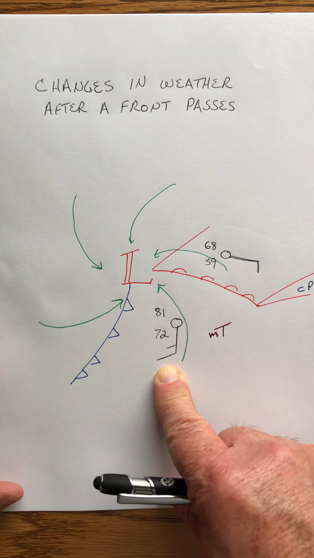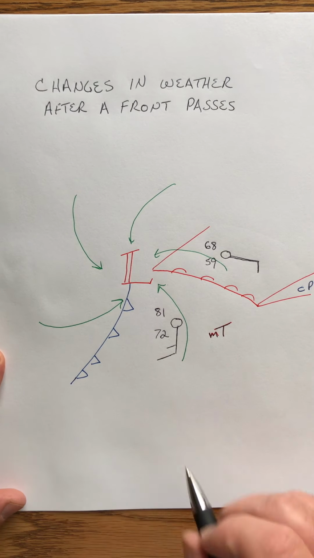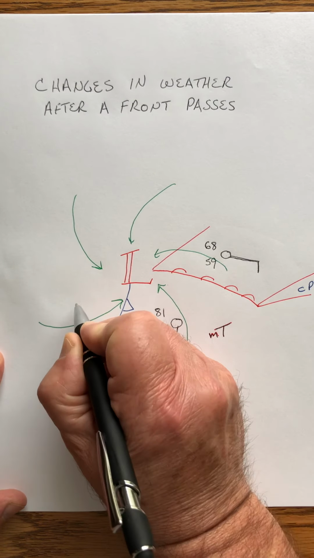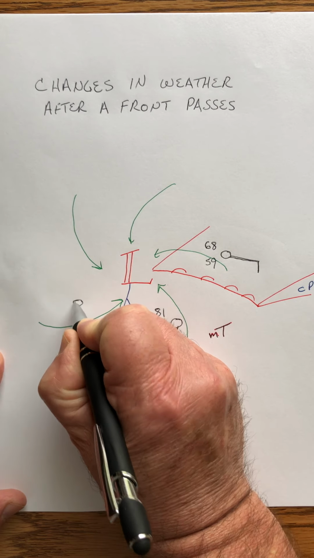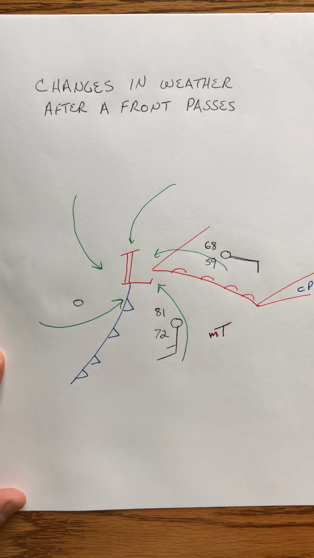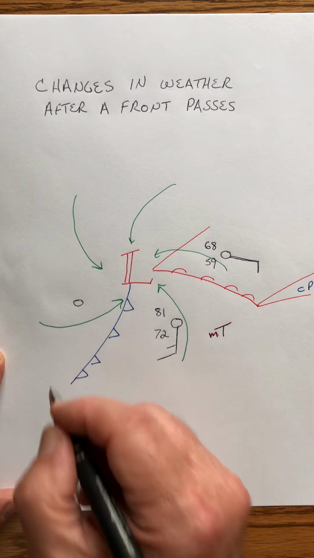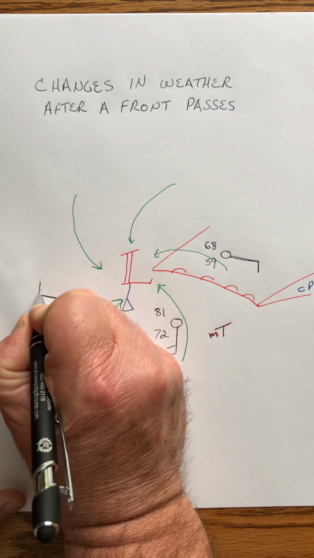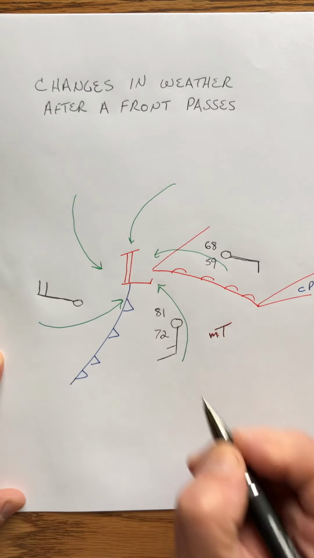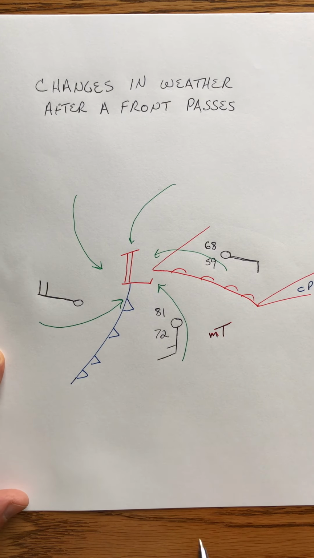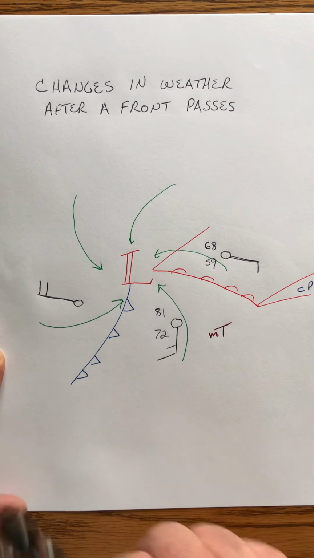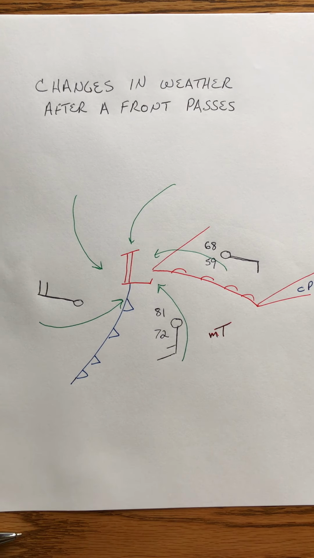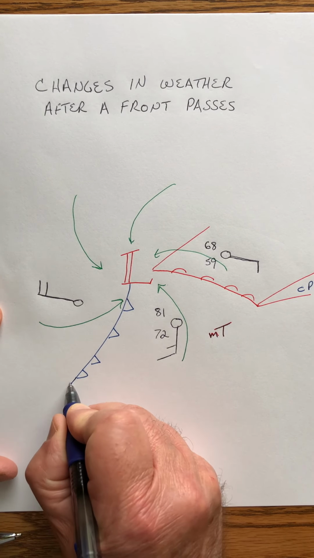All right, now let's take a look on the other side of the cold front. Over here, we'll put in a weather station model, and notice the direction of the wind is going to be out of the west, maybe northwest. We'll make this a 20 knot wind. This is going to be continental polar air.